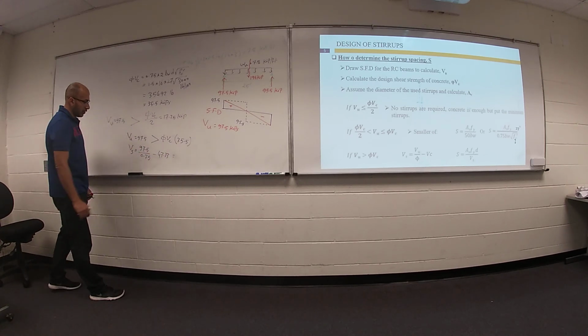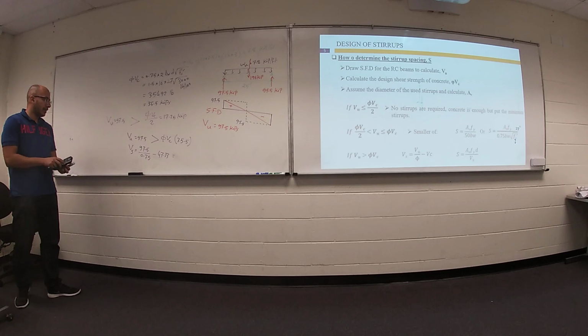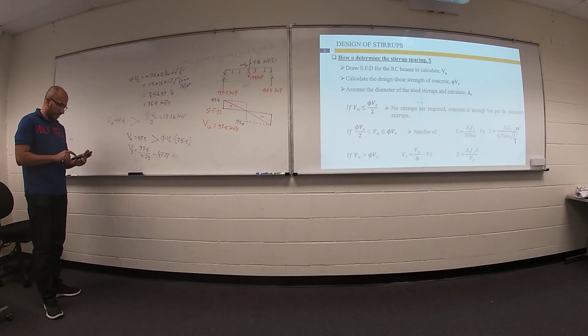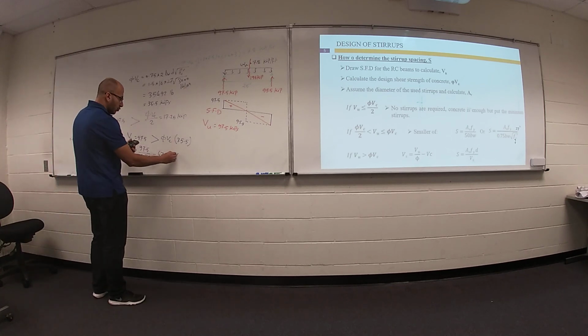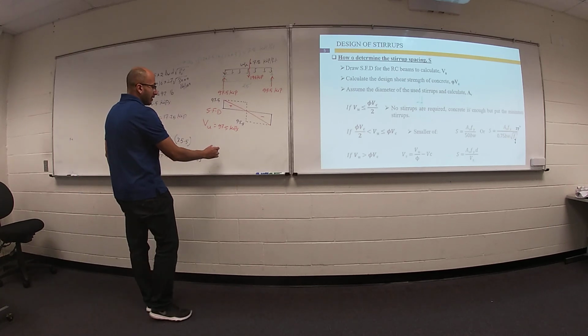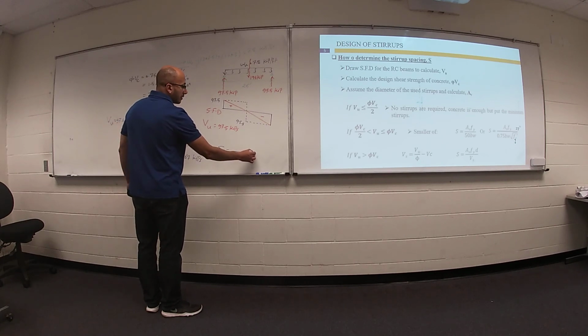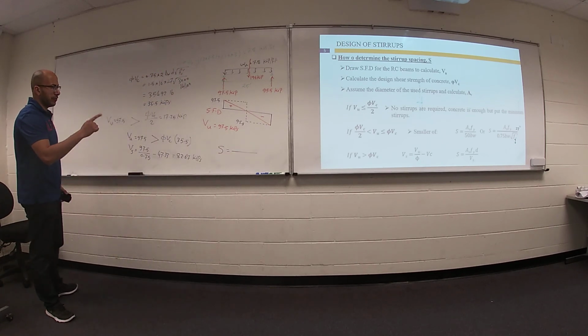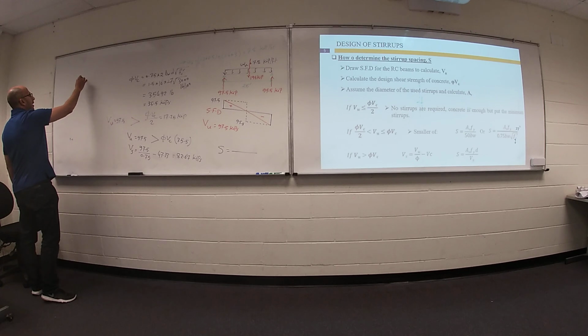47.33. Your value of Vs equals 82.67 kip. Then your spacing of stirrups equals... But before spacing, number 4, 2 legs.